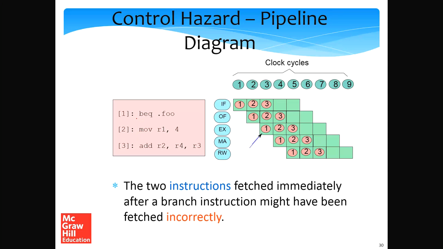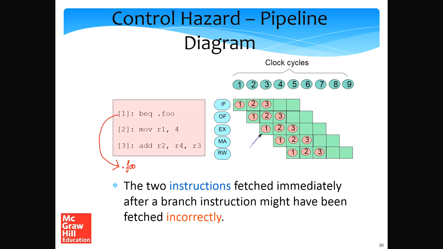If the first instruction's condition is true, then we will jump to the .foo label. And if the condition is not true, then we will execute instructions 2 and 3.